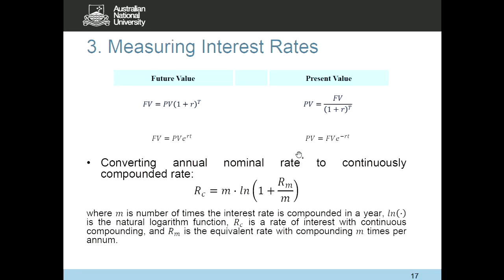Semi-annual compounding means it's compounded twice in a year. M denotes the number of times the interest rate is compounded, so we substitute 2 for M. So 2 multiplied by the natural logarithm of bracket 1 plus, where the numerator is the nominal rate and the denominator is the number of times it's compounded, which is 2. And what you get is a continuously compounded rate.